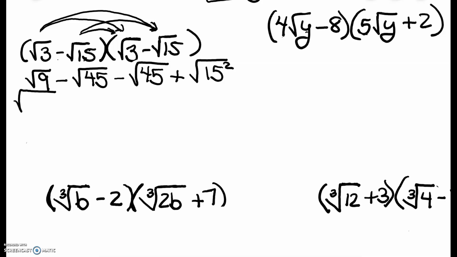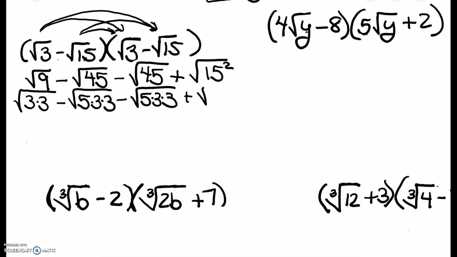So 9 reduces to 3 times 3. 45 reduces to 5 times 9, and I know 9 is 3 times 3. So I have that again, 5 times 3 times 3, and I know 15 squared is a group of two 15s. So I'm going to circle my groups of 2 in each one of these.